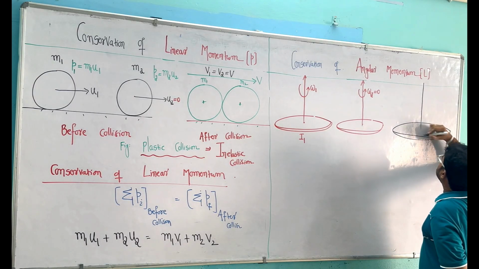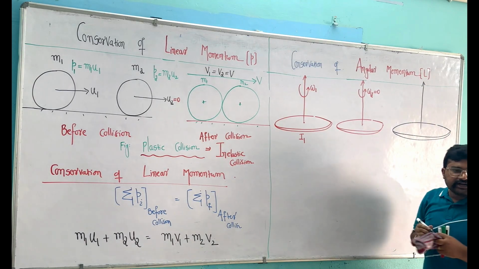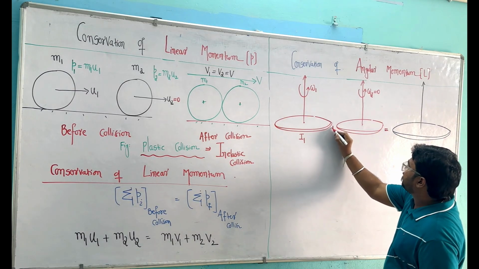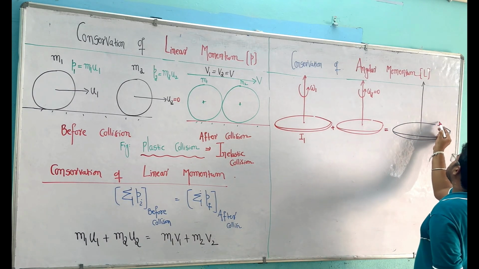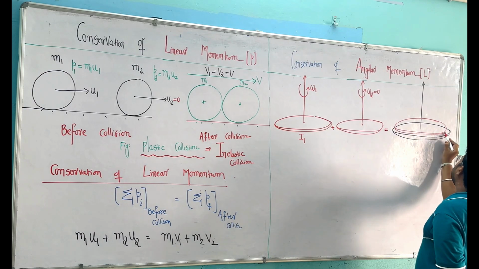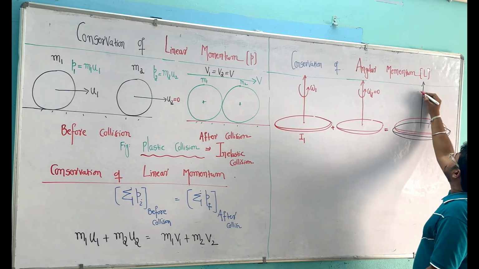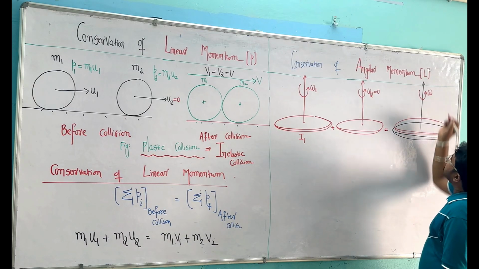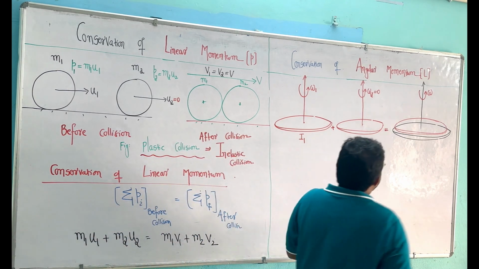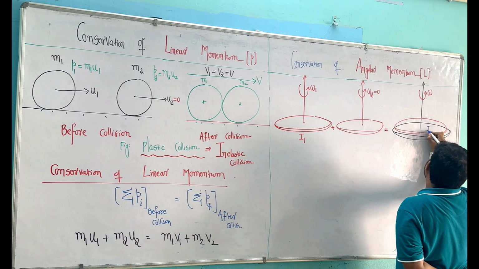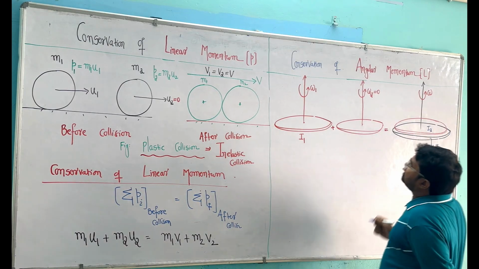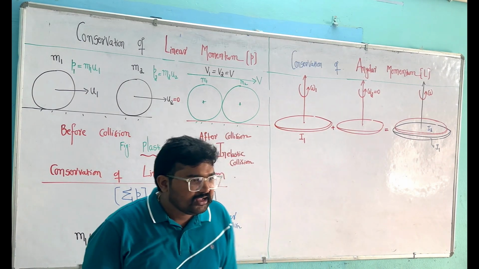Okay na? So the disc is gently placed here. Disc 2 is gently placed. What is the common angular velocity? Omega. This is I2, I1, I2, omega. Understood?